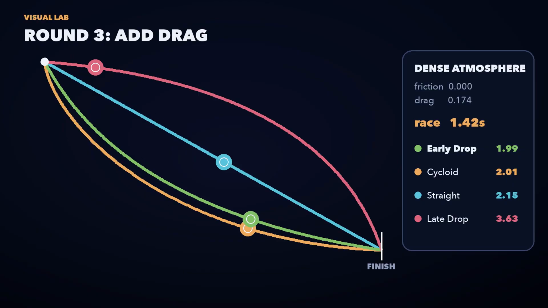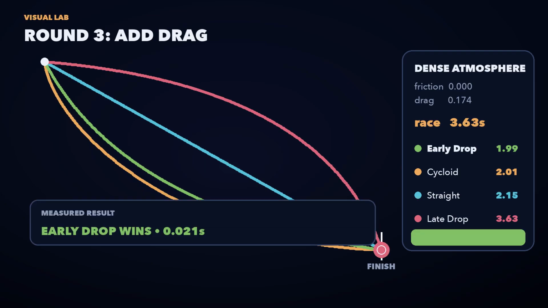The straight route accelerates more slowly and travels less distance. It has not won yet, but the gap has changed direction. The experiment is no longer asking which path falls fastest in an ideal vacuum. It is asking which path balances acceleration, distance, and speed-dependent loss.